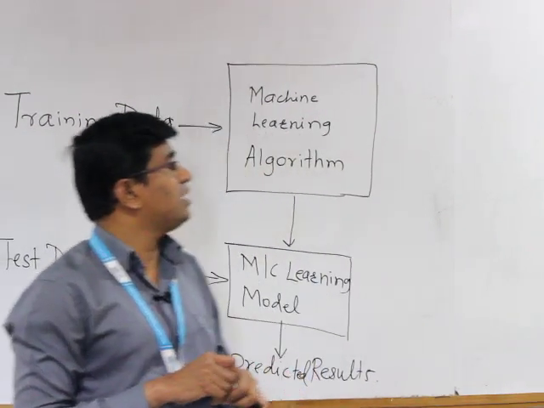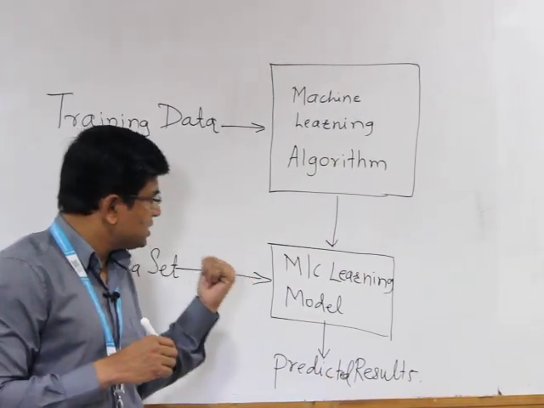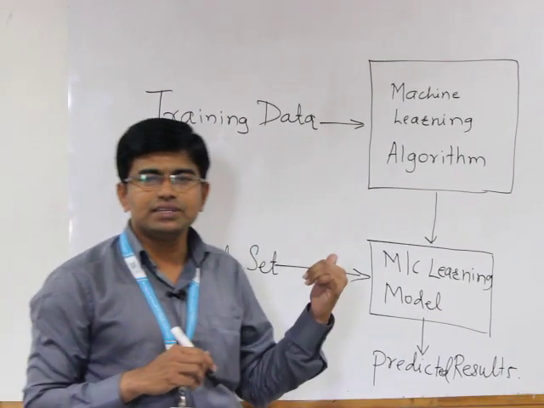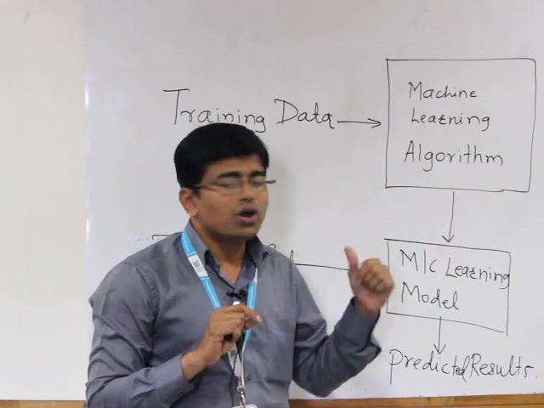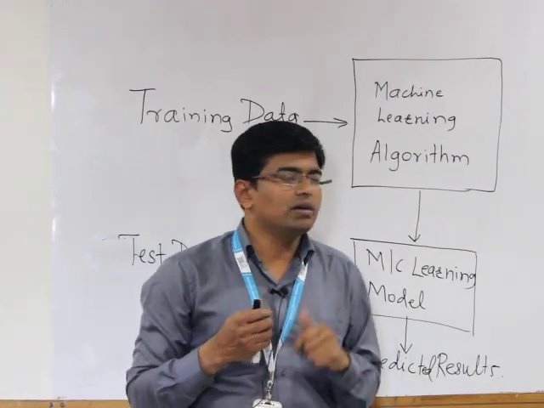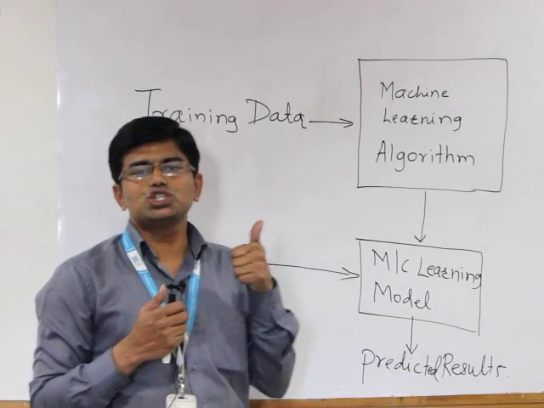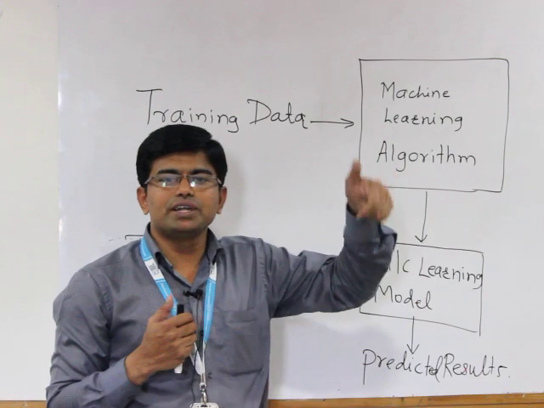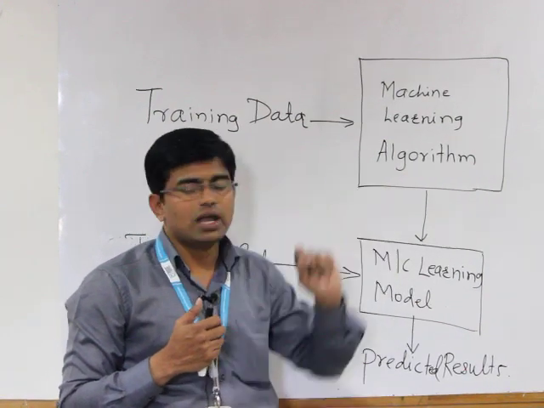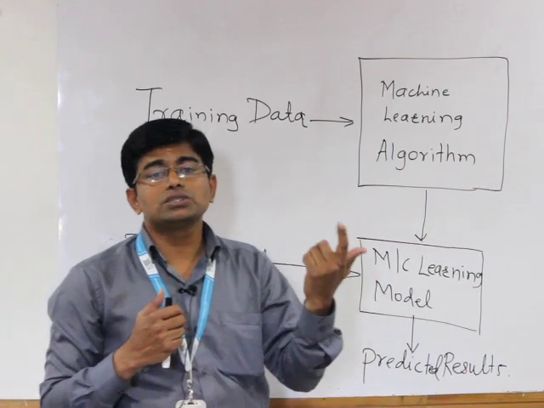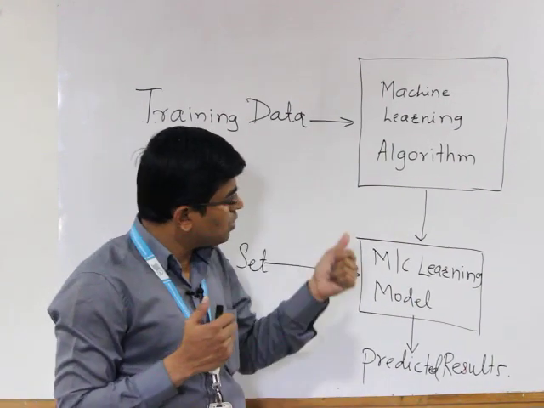So let us see how we are going to analyze the performance of our machine learning algorithm or classifier. To understand this analysis, let us consider an example: an email filter, where whenever an email comes to our inbox or spam folder, it is filtered by an algorithm.